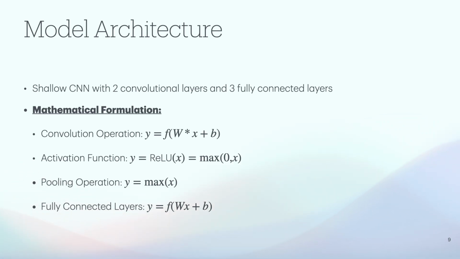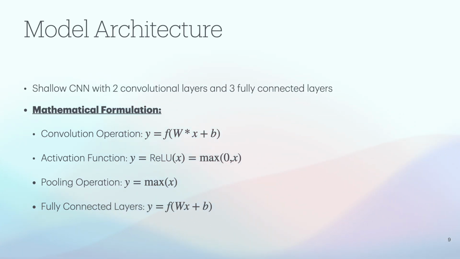So basically, this layer takes an RGB image with three channels as input. And the max pooling layer reduces the spatial dimensions of the input by taking the maximum value over a 2 by 2 window.